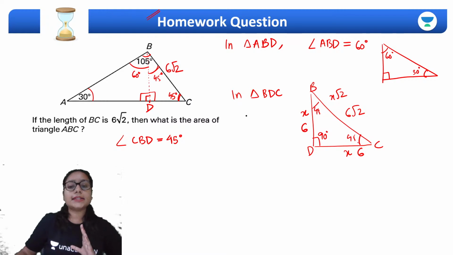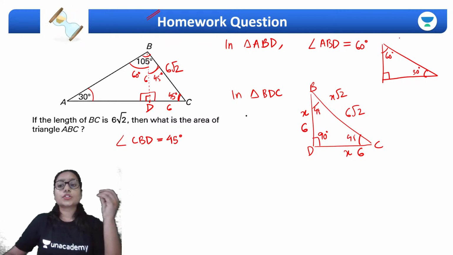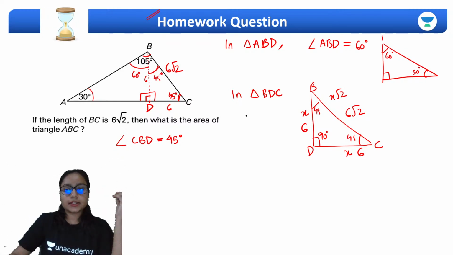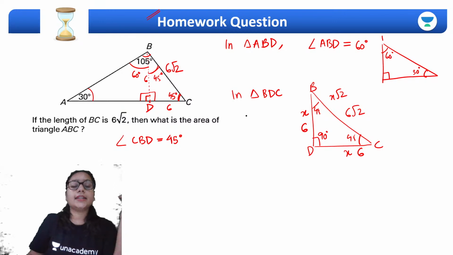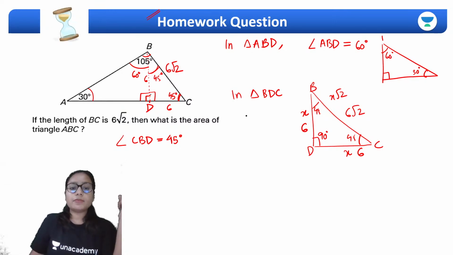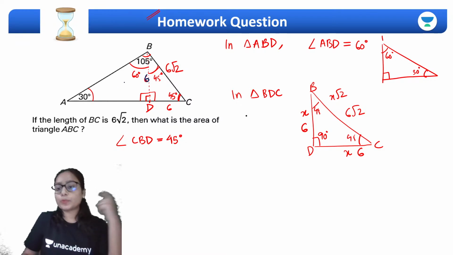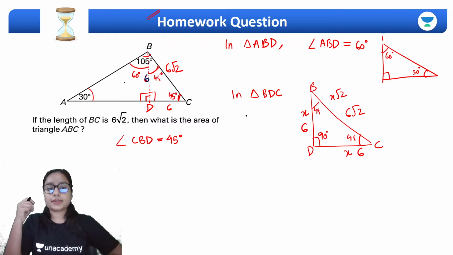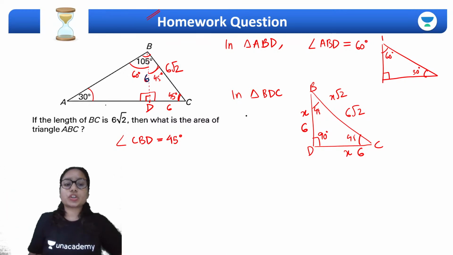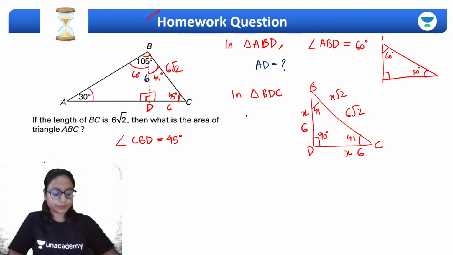BD and DC are 6. Now consider triangle BAD. In triangle BAD, BD is 6. The side opposite the 30-degree angle is 6. Can you tell me what is the measure of AD?